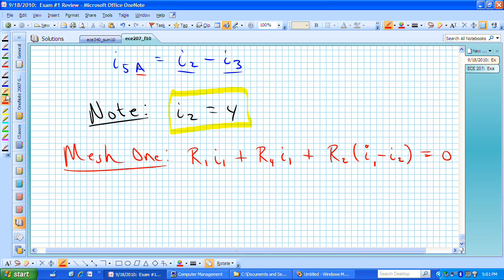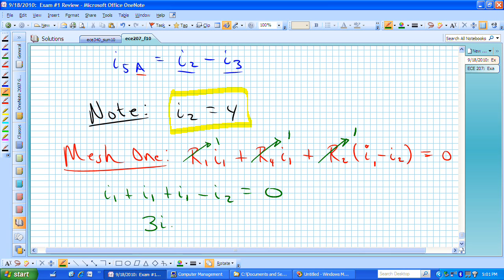This allows us now, because these resistors are all assumed to have unit value, we now have I1 plus I1 plus I1 minus I2 equaling 0.